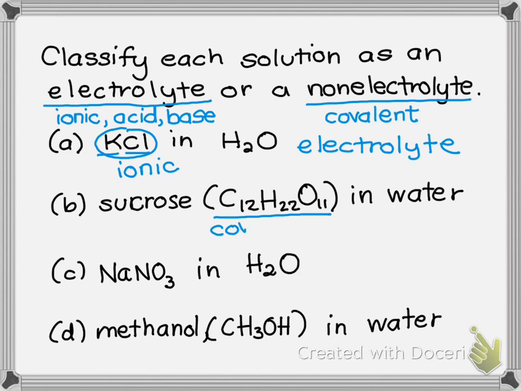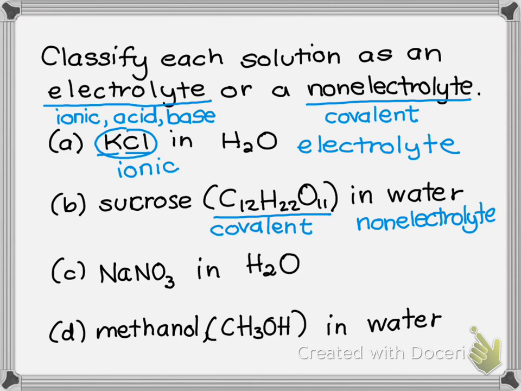That makes this covalent. So when I dissolve sucrose in water to make a solution, that solution would be a non-electrolyte. There will be no ions because covalent compounds do not dissociate to make ions.